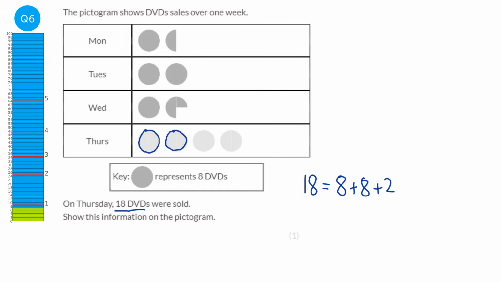Well, if you think about it, if we cut this up into quarters, each quarter will represent 2. So 2, 4, 6, and 8. So we just need another quarter. And so that would be 8 for the first one, 8 for the second one, and then this little quarter will represent 2, which altogether is 18.